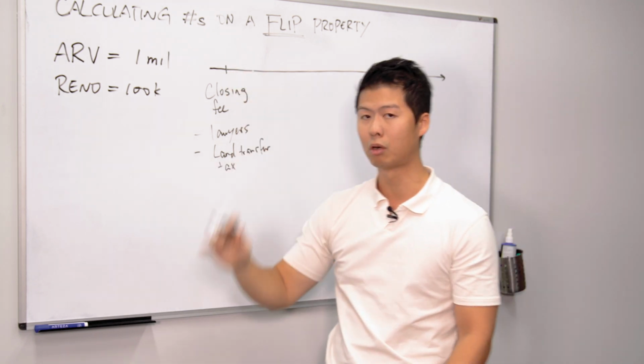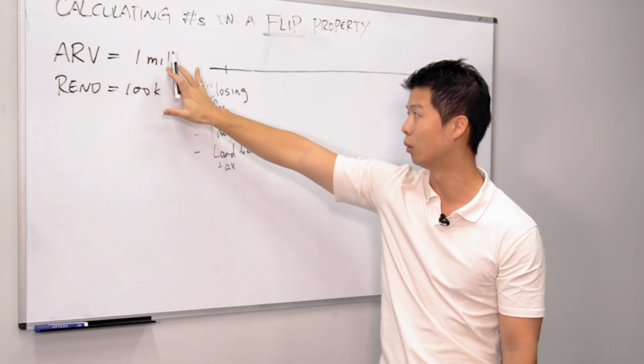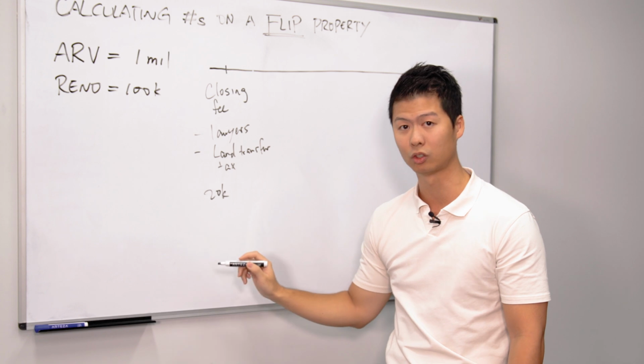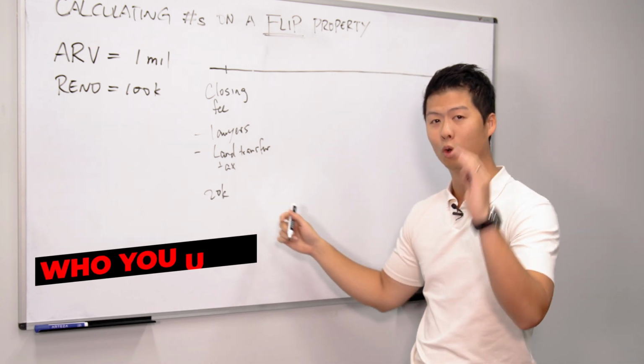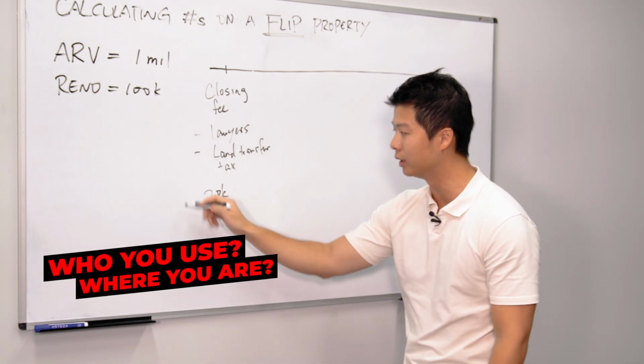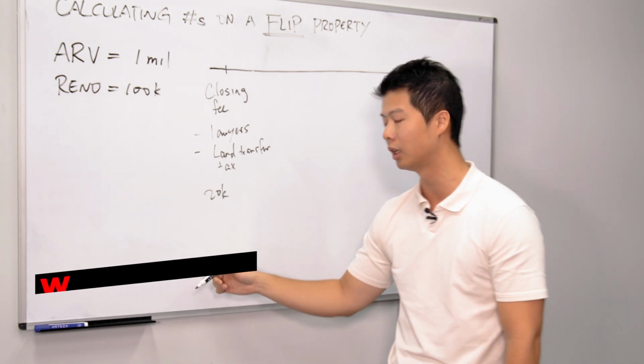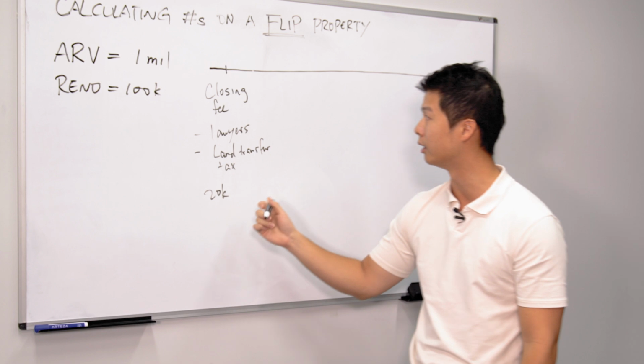For a property that you're going to sell for $1 million, usually what we do is that we will budget about $20,000. So this will really depend on who you use and where you are, because the 20K can really fluctuate a little bit. Some people might be able to get it down to 15K, but that's just a conservative number, 20,000 here.